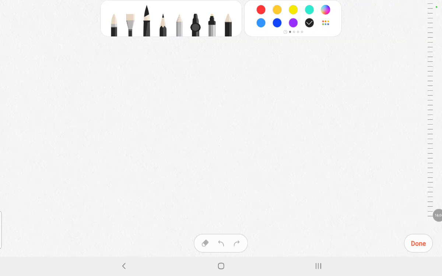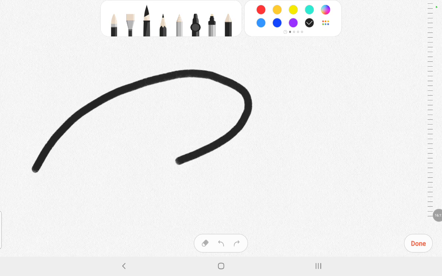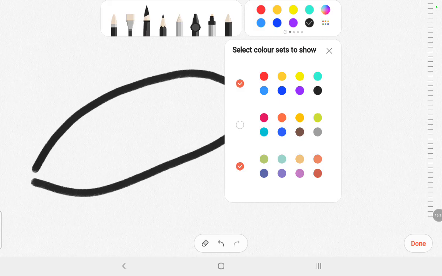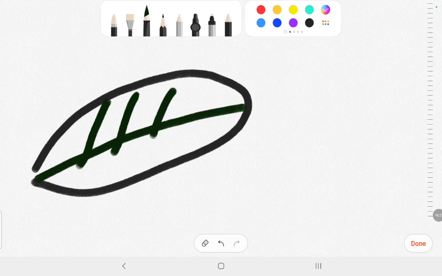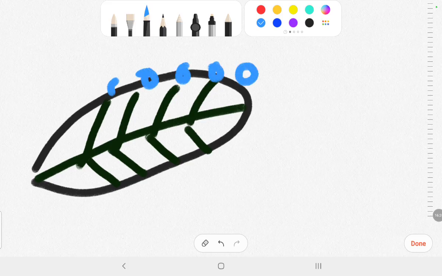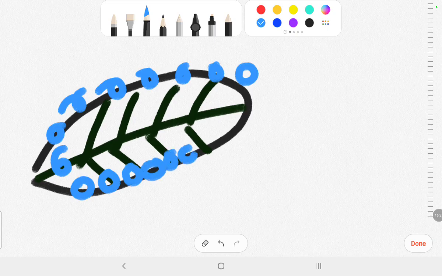Suppose I have my leaf here, like that. Now if there are small water molecules or small water droplets surrounding that leaf, because this is humidity, this is what we call the humidity.